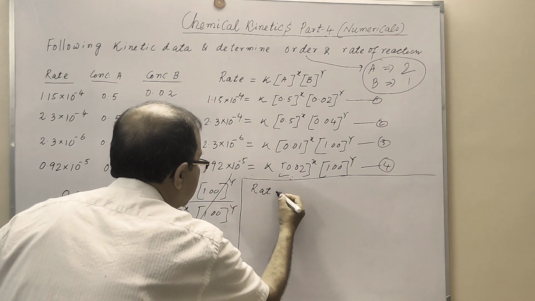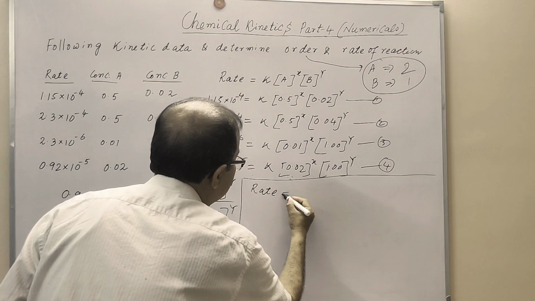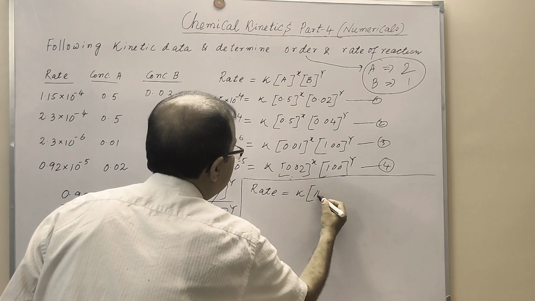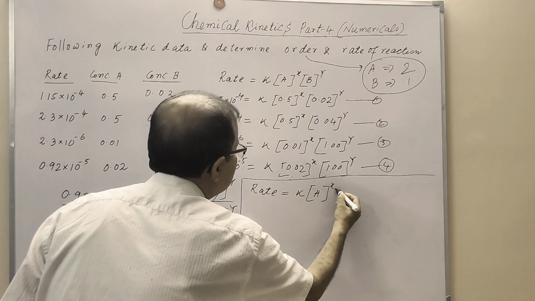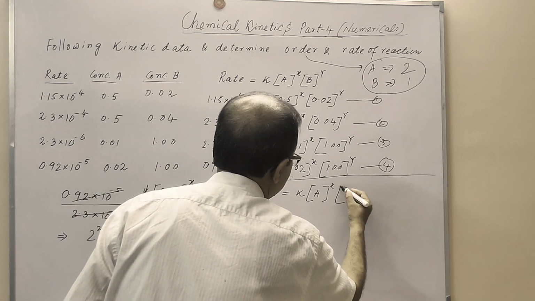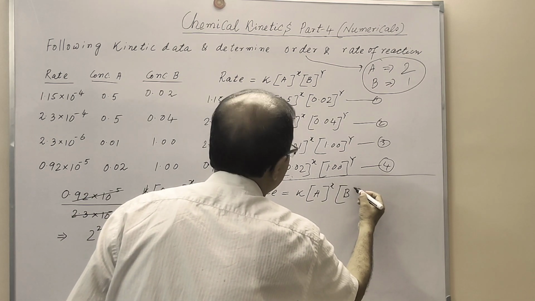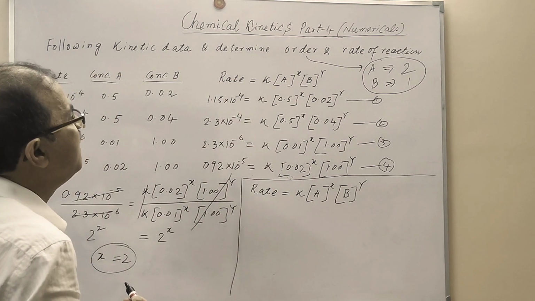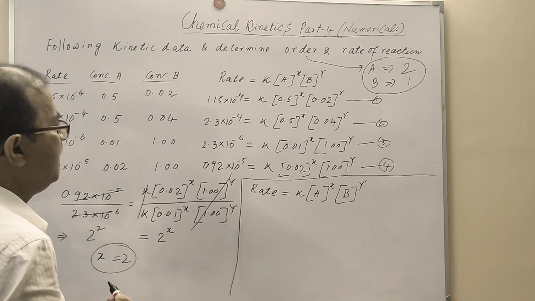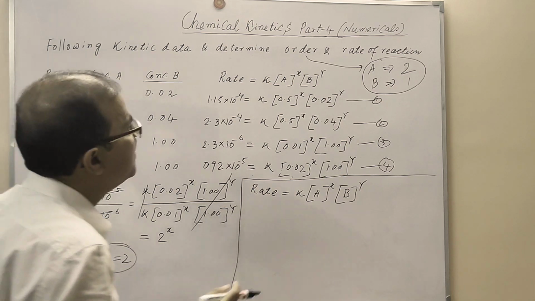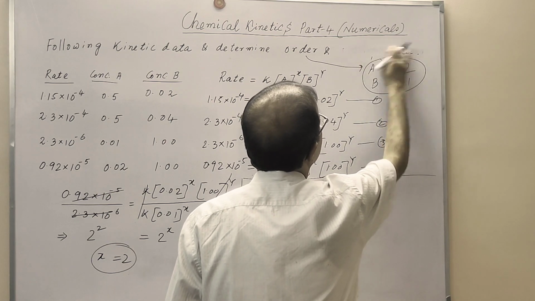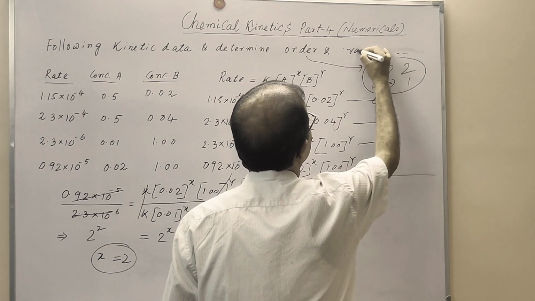Rate law will be k into A to the power x. You have to calculate not the rate of reaction, this is the rate constant.